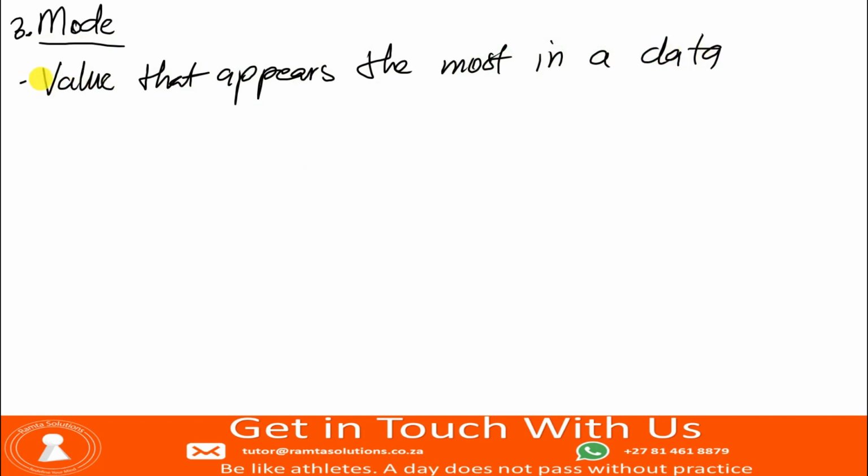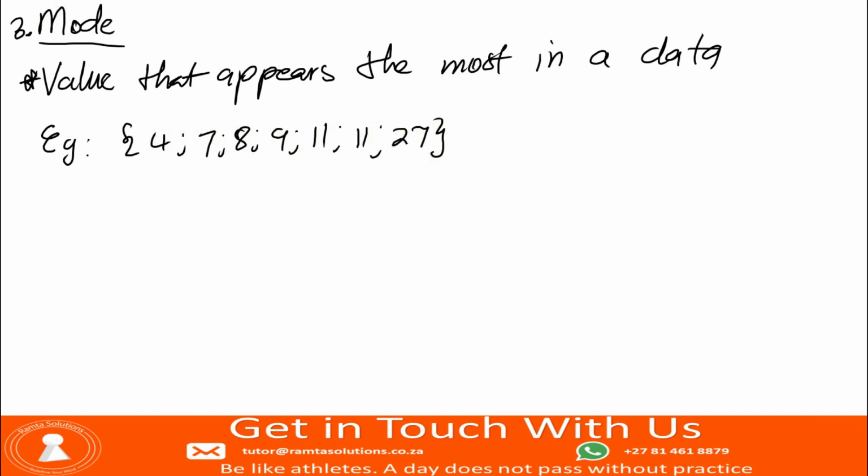For example, let's say we have 4, 7, 8, 9, 11, 11, and 27. What is our mode? The number that appears the most is 11, right? Doing just this one example, I think it's sufficient.